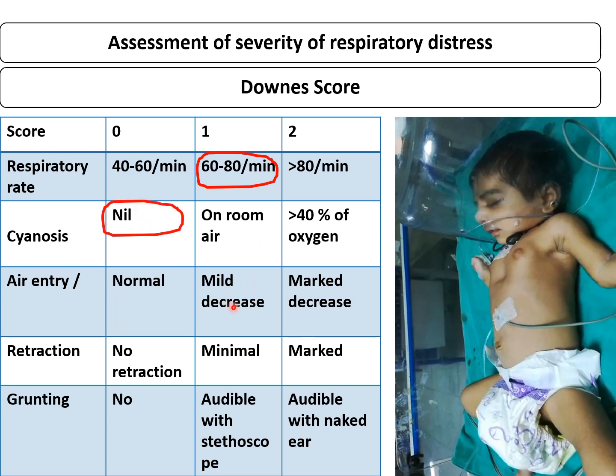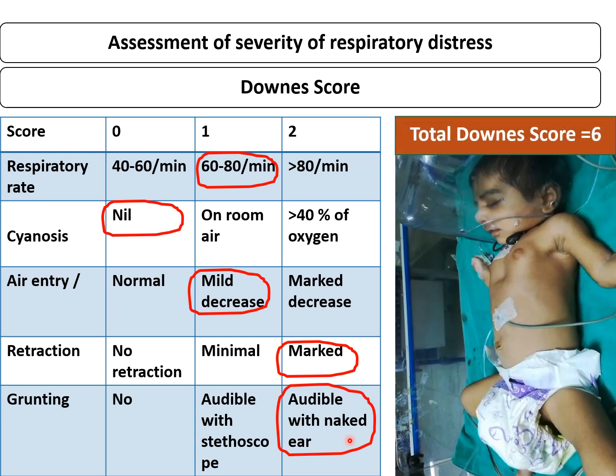Air entry mildly decreased, so 1 score. Retractions are marked. The patient is having seesaw respiration and paradoxical breathing, audible grunting sound. So the patient is having a total score according to Downes' of 6. So the patient is having severe respiratory distress.